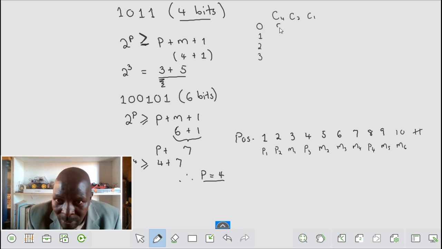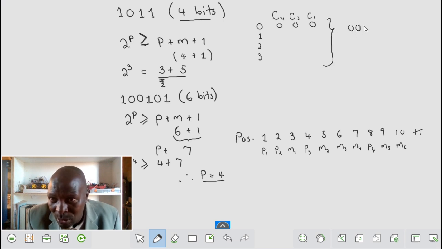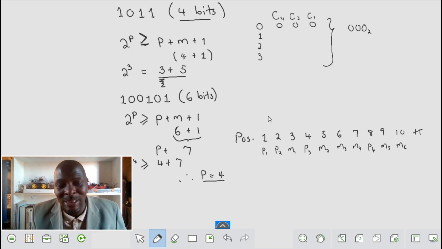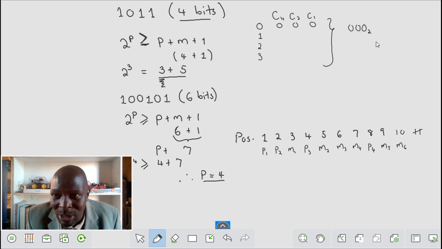When our correction bit is 0, 0, 0, it means that our messaging is correct. It means that there is no error in the word. Why? Because position 000 does not exist in the number. We remember we started our first one with 1. So 000 means the error is not there, because you don't have position 0, so it simply means that the error is not there.